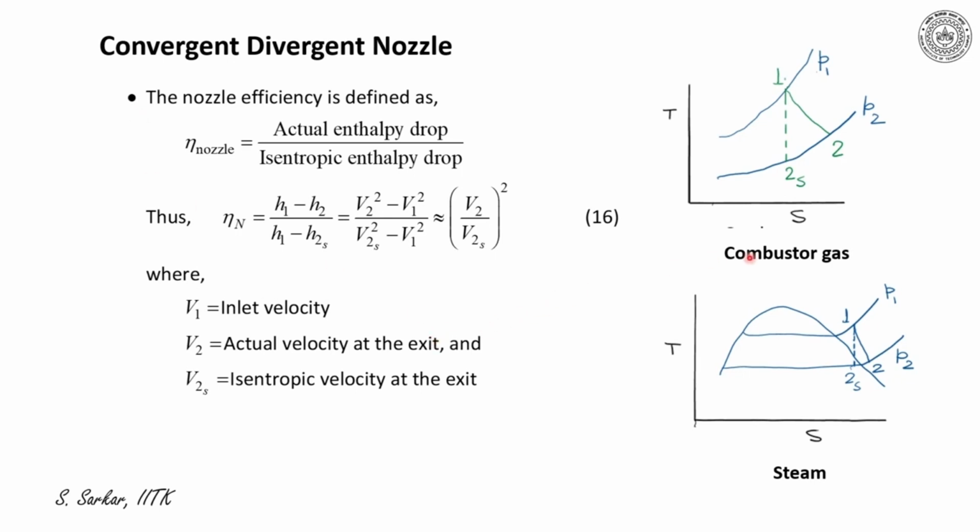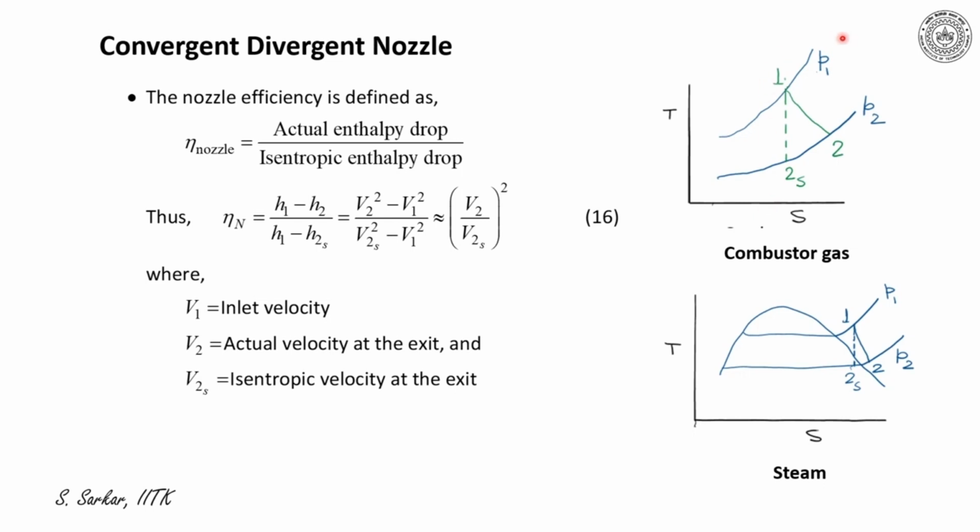Before that, I'll consider the expansion of a combustor gas and that of steam through a convergent divergent nozzle. The TS diagram represents the expansion of a combustor gas where P1 is the inlet pressure to the nozzle and P2 is the exit pressure, and 1-2 is the actual expansion where 1-2s is the ideal expansion or isentropic expansion.